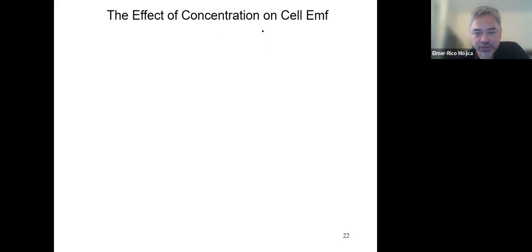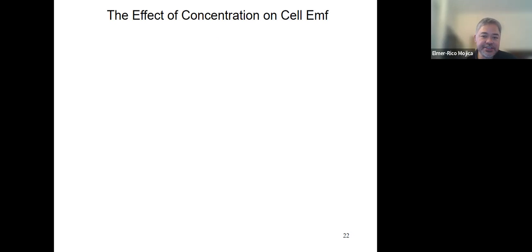So what happens if we vary the concentration? Because all the calculations that we have so far assume the concentration is 1 molar. So if we look at what we call the effect of concentration, we end up getting this equation.